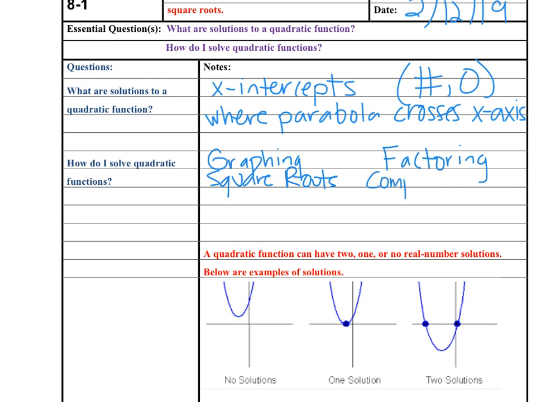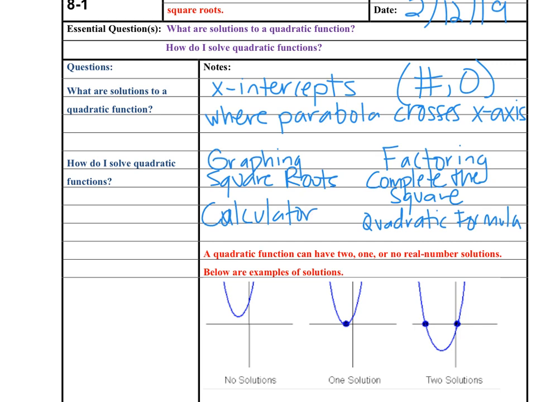We will complete the square, which is a pretty new way. I don't think you'll have seen it before. We will use the quadratic formula, and we'll be introduced to that next week. And the last way is we can find them on our calculator, and we've already done that. We've already been finding x-intercepts on our calculator.